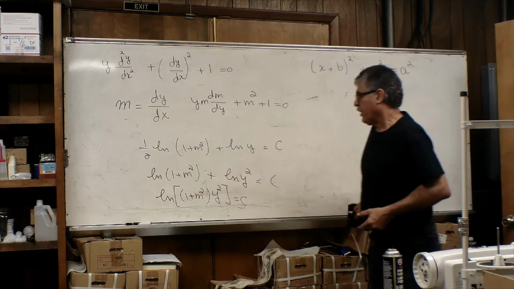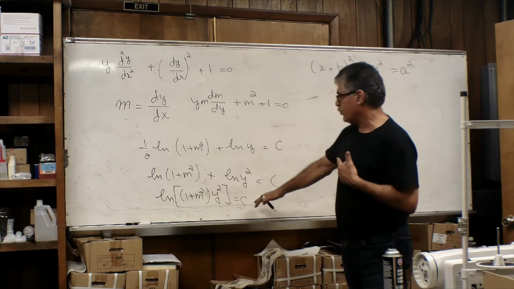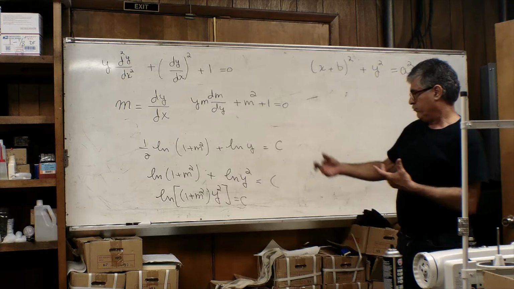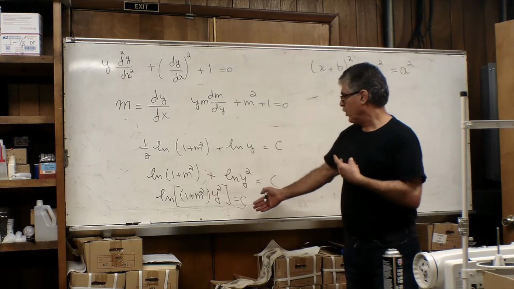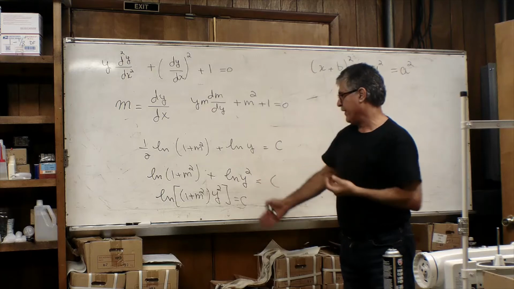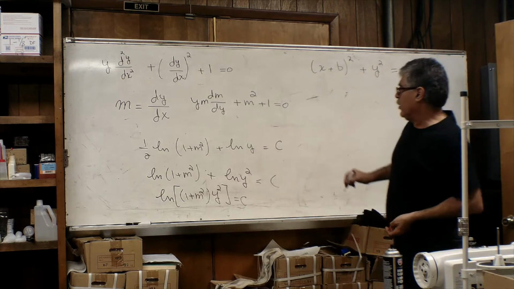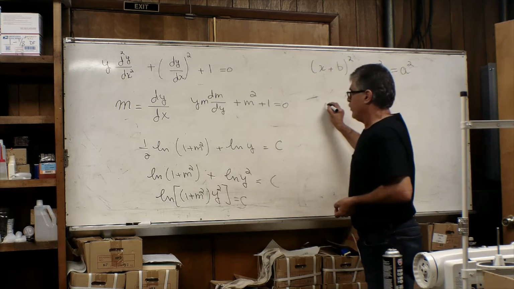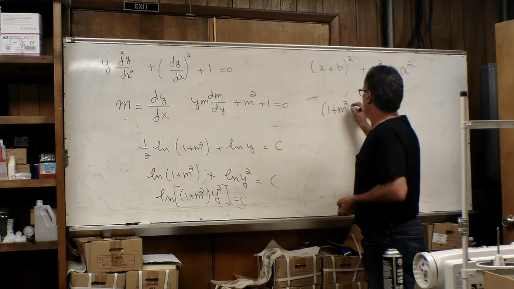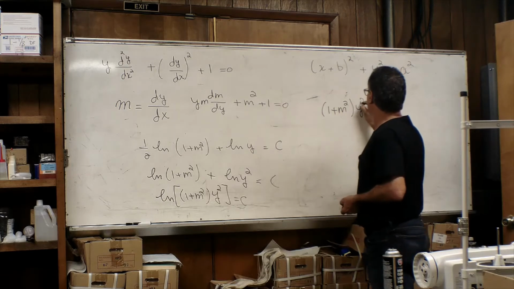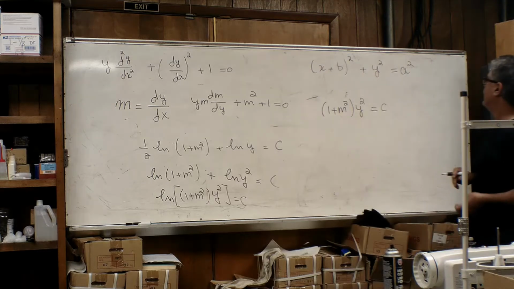Now if the natural log of this term is equal to c, so this term itself is equal to e to the power c, which is again another constant. So this is going to be 1 plus m squared y squared is equal to another constant.